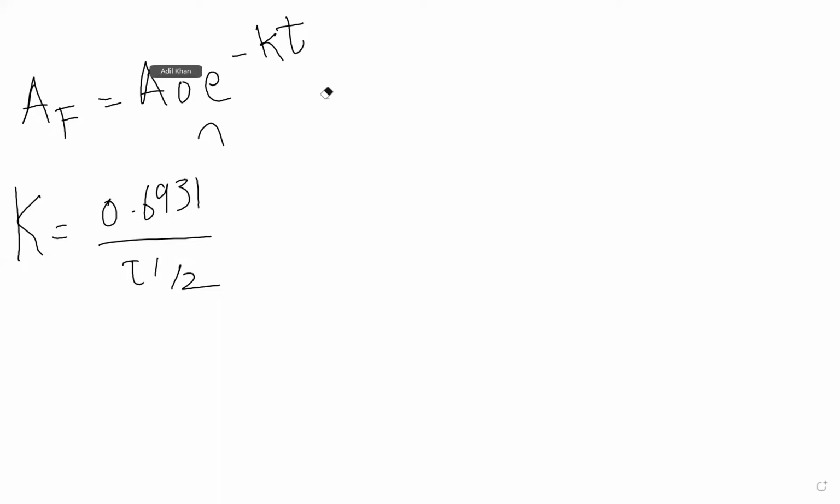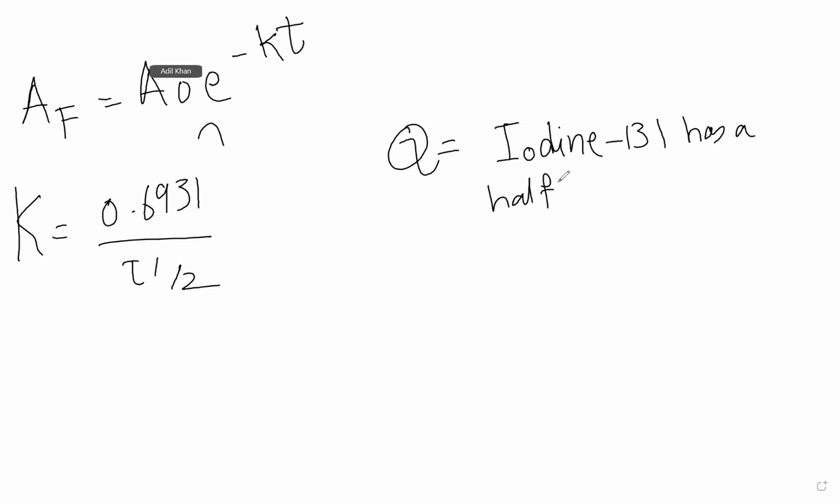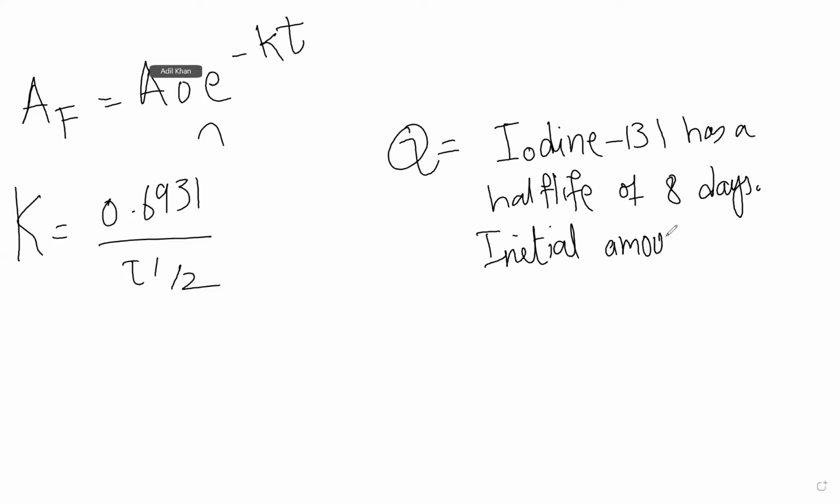Okay, so now we have the formulas. Let's try a question. Suppose iodine-131 has a half-life of 8 days, and the initial amount was 200 grams.